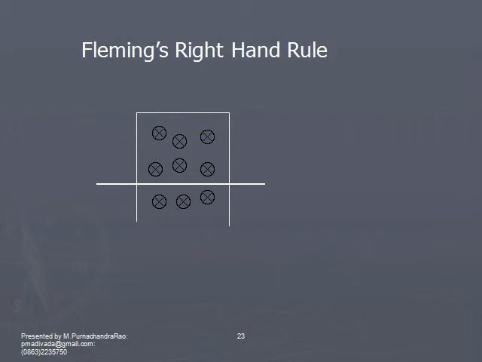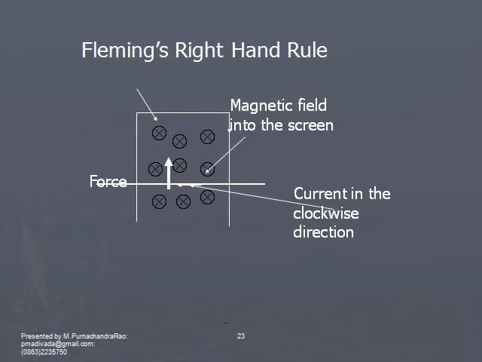In the figure, the crosses show that the magnetic field is into the screen, and a U-shaped metallic frame is placed in the plane of the screen, so it is perpendicular to the direction of the magnetic field. A rod is placed on this U-shaped metallic frame so that it forms a closed loop. Then, if the current in the metallic frame is in the clockwise direction, the rod placed as shown in the figure experiences an upward force.